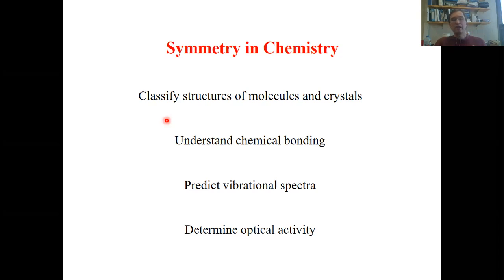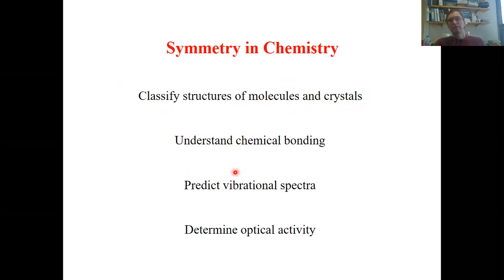So what can it do, for example, in chemistry? It can be used to classify structures of molecules and also extended solids in crystals. It helps us enormously to understand chemical bonding. In particular, it can be applied to molecular orbital theory, and we will do this in the chapter following the chapter on symmetry.